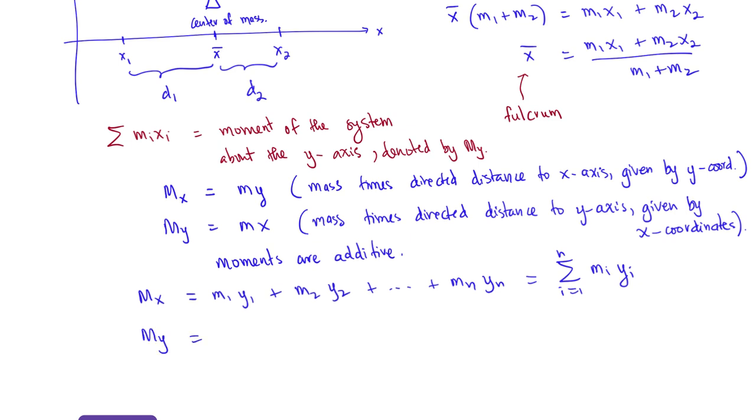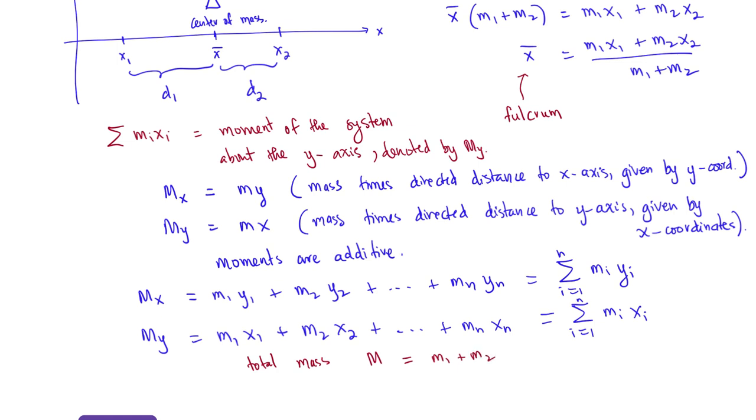The moment about the y-axis is m1 x1 plus m2 x2, so the sum of mi xi as i goes from 1 to n. The total mass is m equals m1 plus m2 plus up to mn. So that is the sum as i goes from 1 to n of mi.